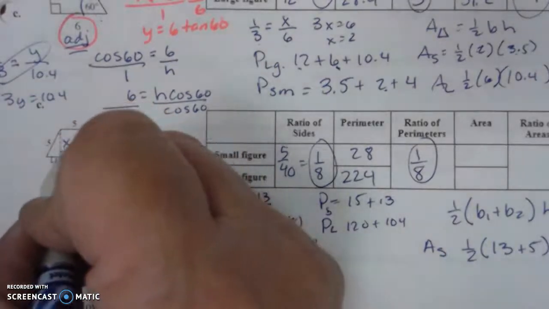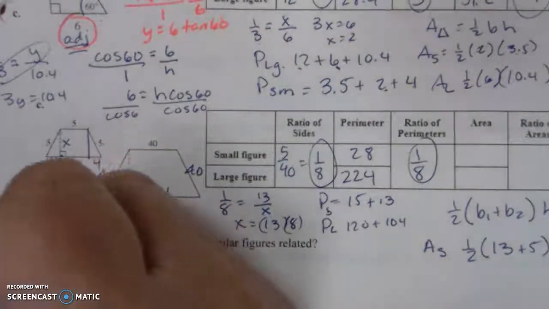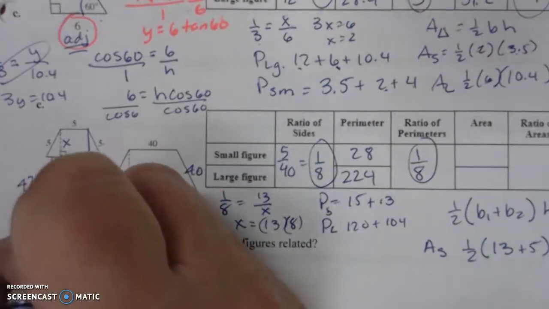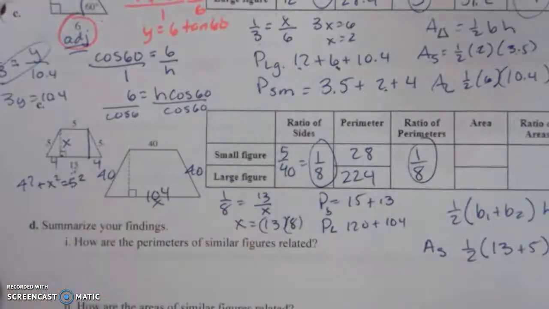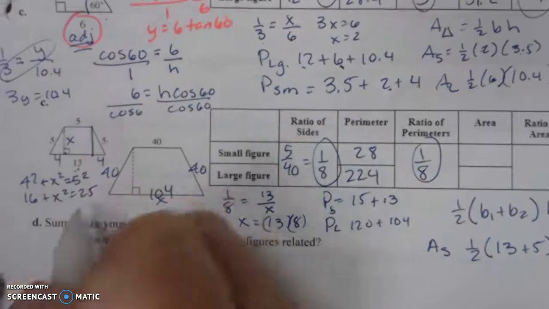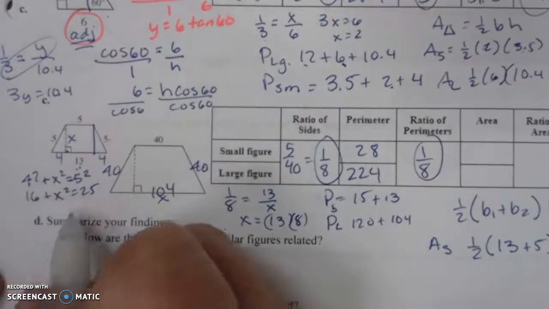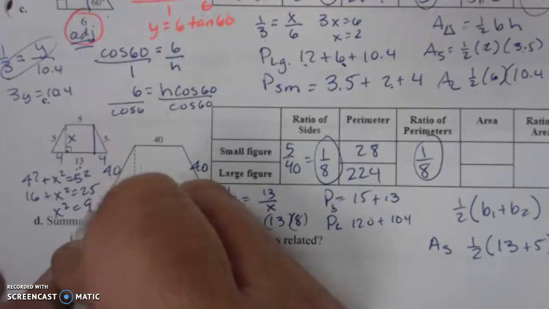I'll call this x. And we are going to apply the Pythagorean theorem. 4 squared plus x squared equals 5 squared. Or you could see this is a 3, 4, 5, but let's go ahead and solve this. 4 squared is 16. 5 squared is 25. When we subtract 16 from both sides, we get 9.